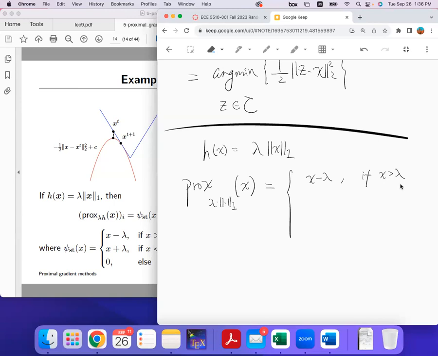If that entry is bigger than lambda, then you subtract lambda from that entry. Otherwise, if X is less than negative lambda, then you add lambda. Now, if X is between negative lambda and lambda, these are complementary cases, then you just put 0.